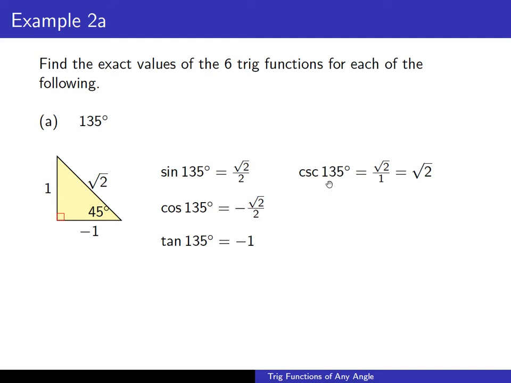We get cosecant of 135 degrees is square root of 2 over 1, or square root of 2. The secant of 135 degrees, r over x, square root of 2 over negative 1, is negative square root of 2. And cotangent of 135 degrees is x over y, which is negative 1 over 1, or negative 1. And again, negative 1 is the reciprocal of negative 1.